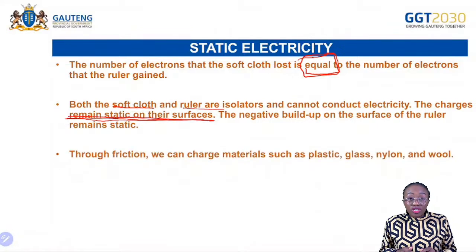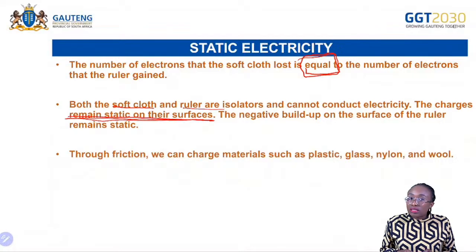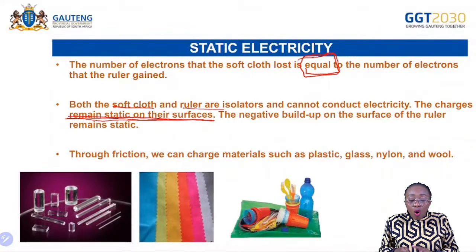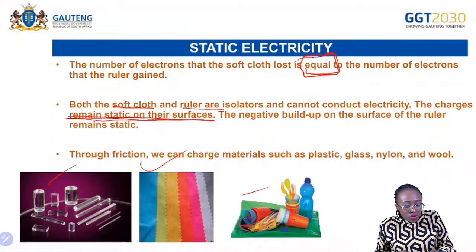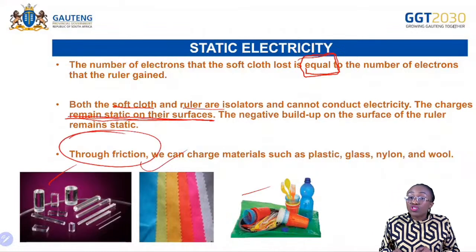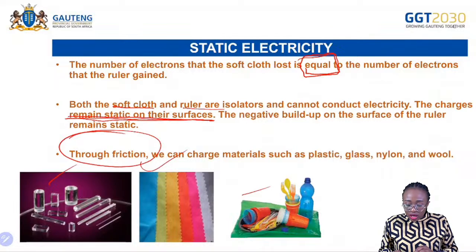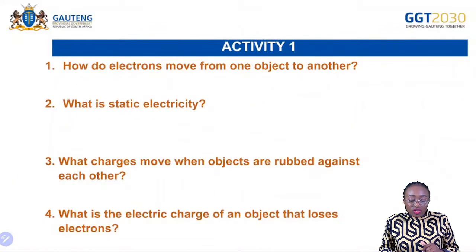So through friction, we are able to charge different materials, especially your glass, plastic, nylon, and wool. All these are insulators, but through friction, they can become electrically charged.